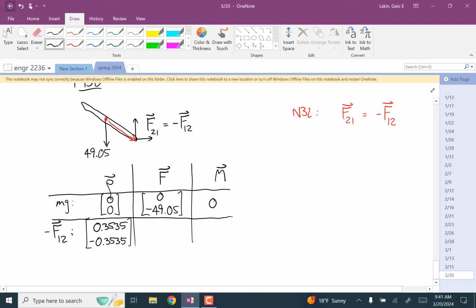The force vector is negative F12x, negative F12y. And so you get negative 0.3535 F12y minus 0.3535 F12x.